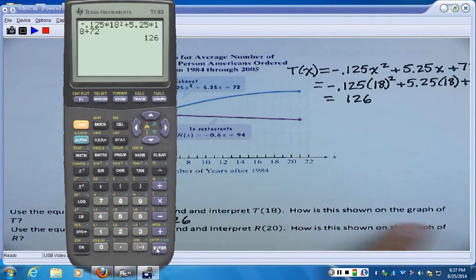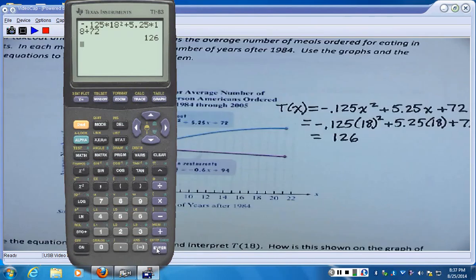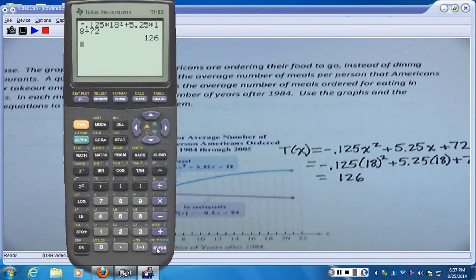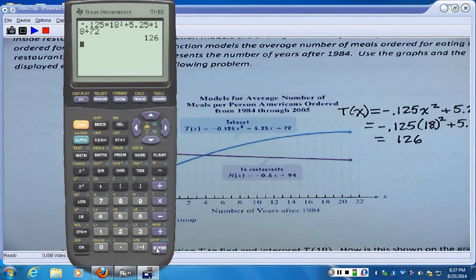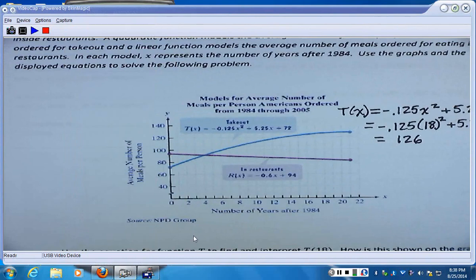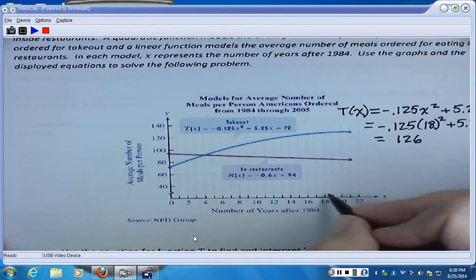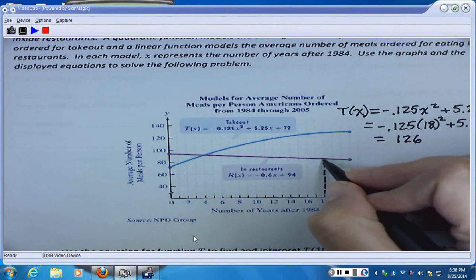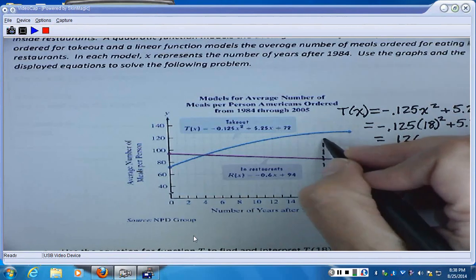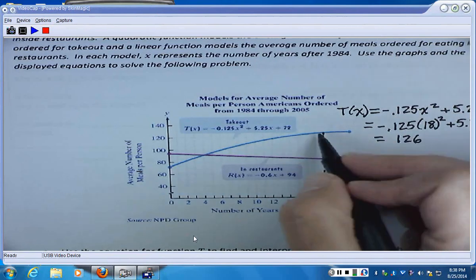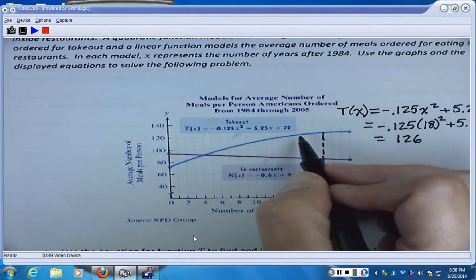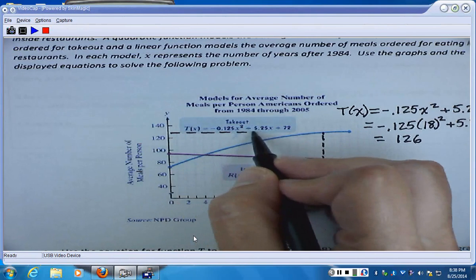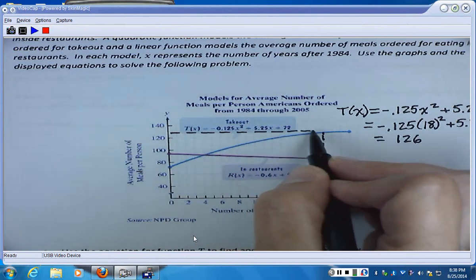How is this shown on the graph of t? Well, if you go to 18 on the number of years after 1984, and you go up and where you hit t of x, then you go across, it's really close to where this thing is there.